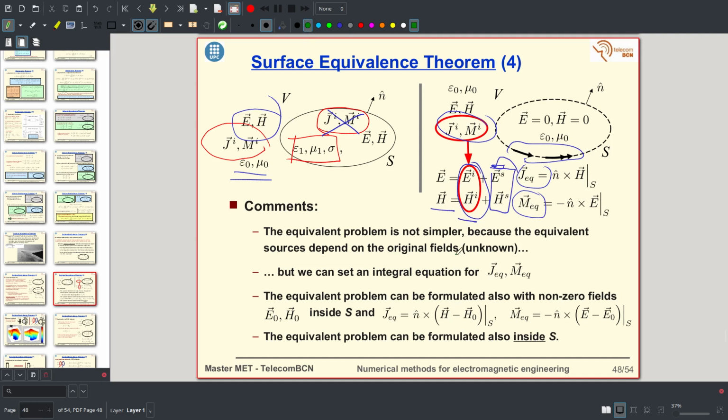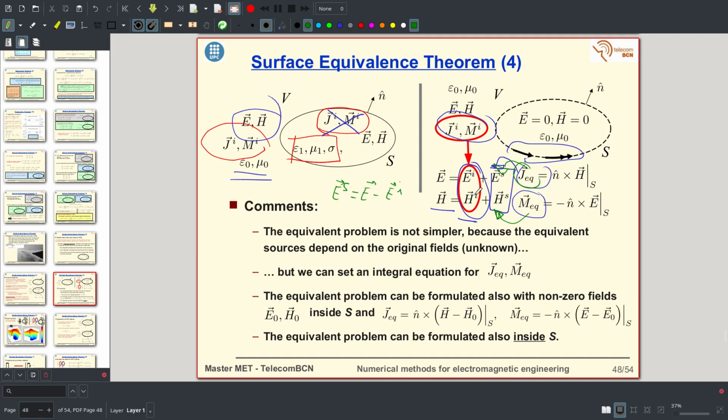So, the same as in the volume equivalence theorem, we define the scattered fields as the difference between the total fields and incident fields. Okay? And scattered fields are due, by superposition, to the equivalent currents. In this case, the surface equivalent currents.